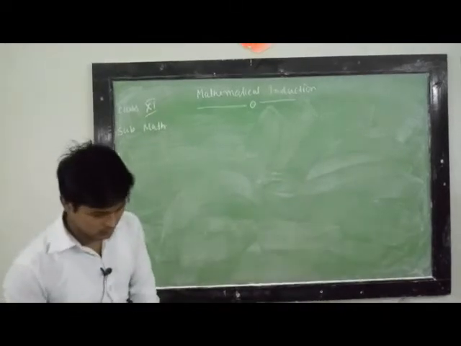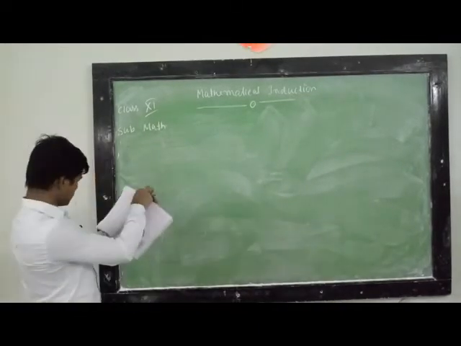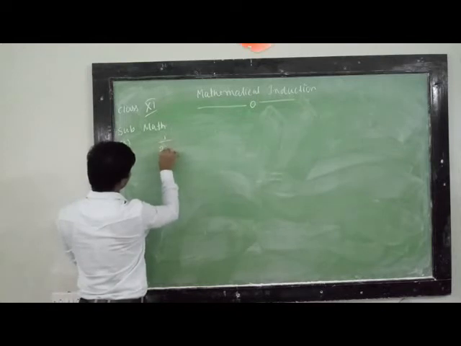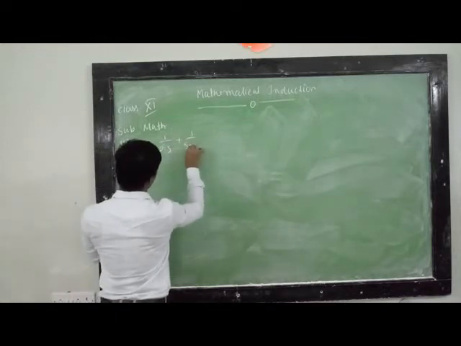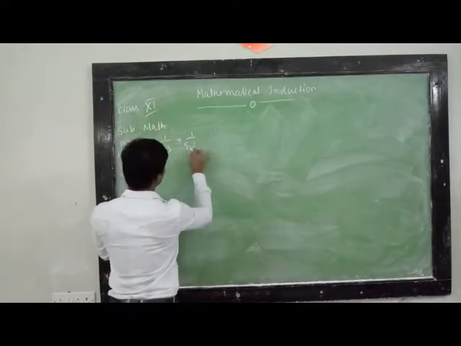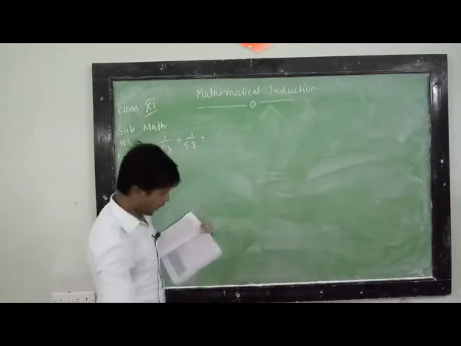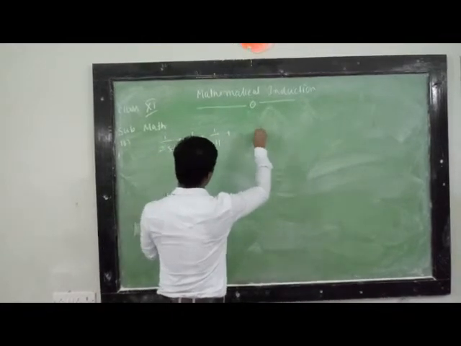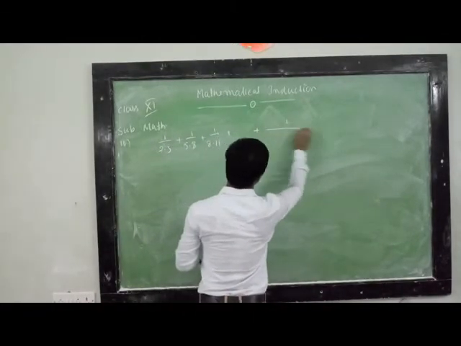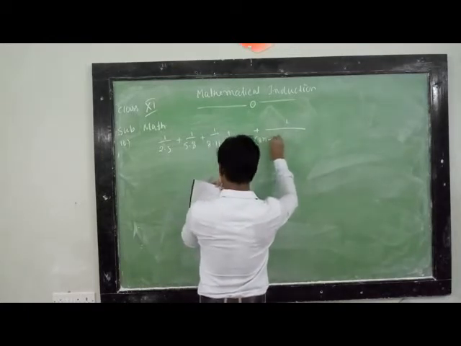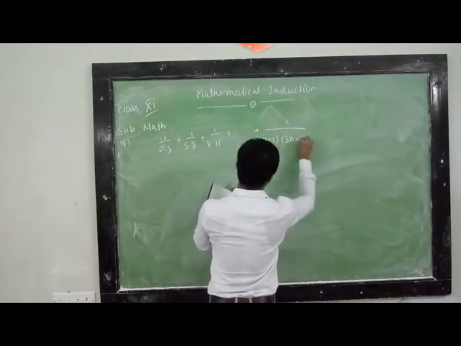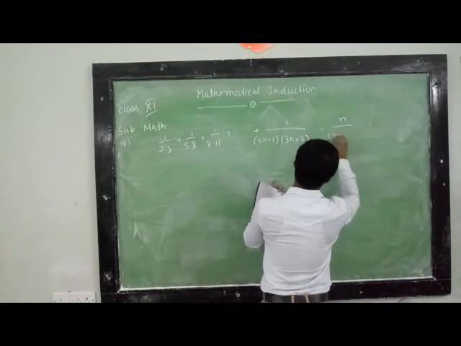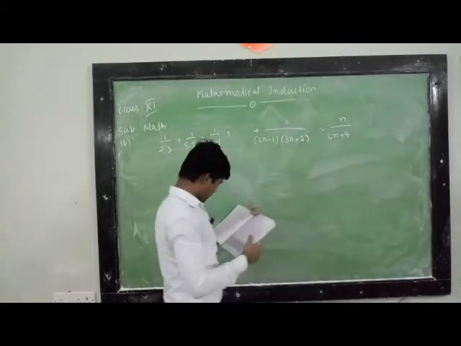Now question number 10 is, we have to prove 1 by 2 into 5 plus 1 by 5 into 8 plus 1 by 8 into 11 plus dot dot dot plus 1 by 3n minus 1 into 3n plus 2 is equal to n by 6n plus 4.